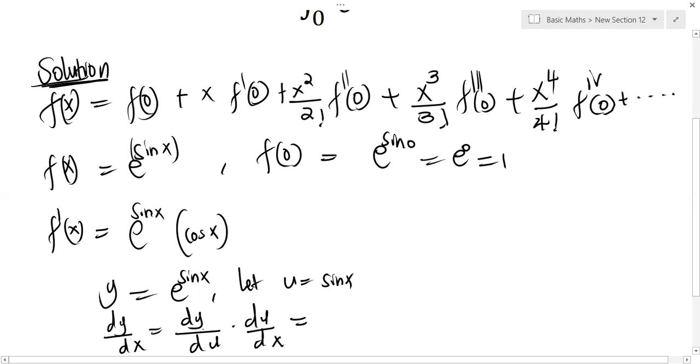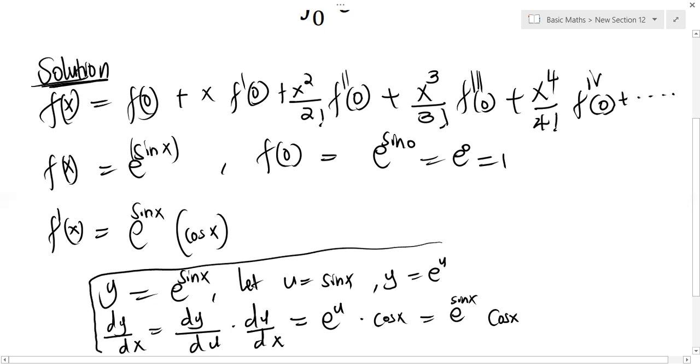What is dy/du? y is equal to exponential u, so dy/du will be exponential u, multiplied by du/dx, differentiating u with respect to x, that will give us cos x. So this is simply exponential u, and our u is sine x, times cos x. Up here, we just used the shortcut, but if you want to go the long way using chain rule, this is how you go about it. You still get the same answer.